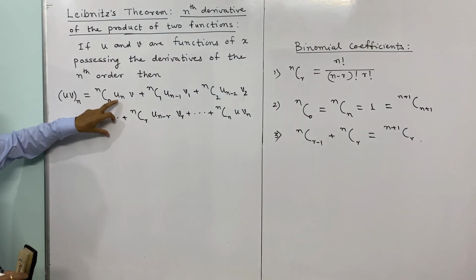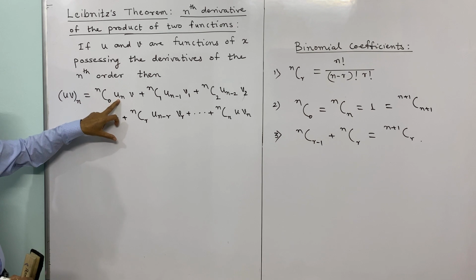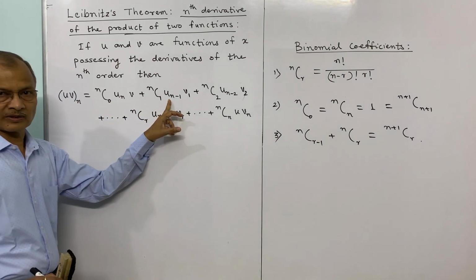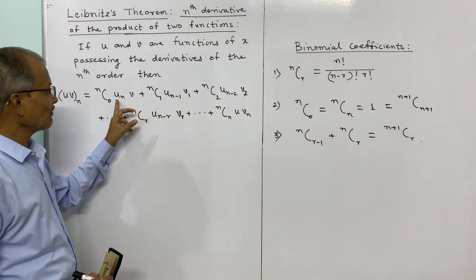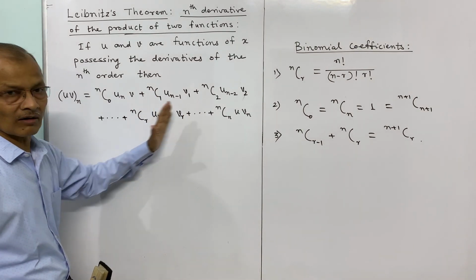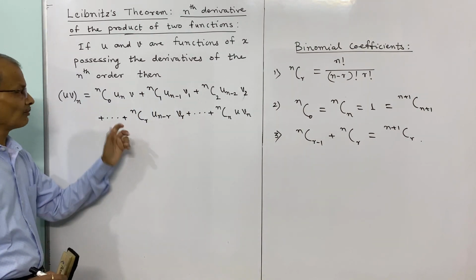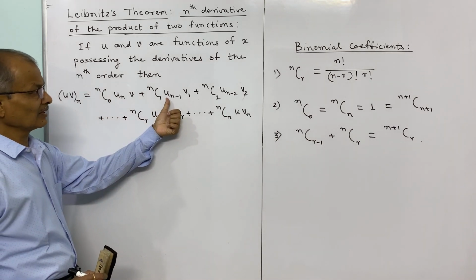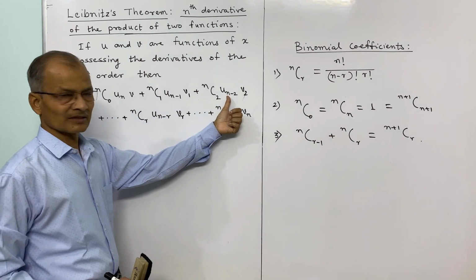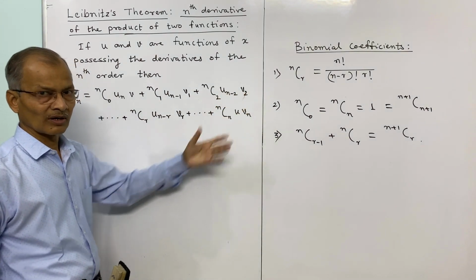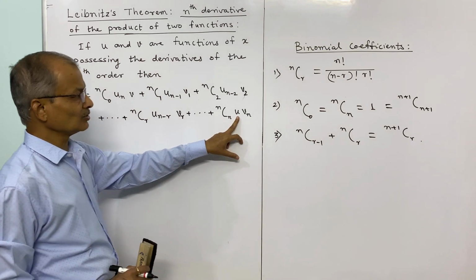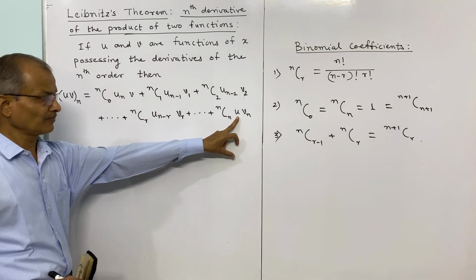Then the term of u: first the nth derivative of u, then the (n minus 1)th derivative, then the (n minus 2)th derivative, and so on. The order of the derivative of u is decreasing, and the last term contains the 0th derivative of u, meaning u only.